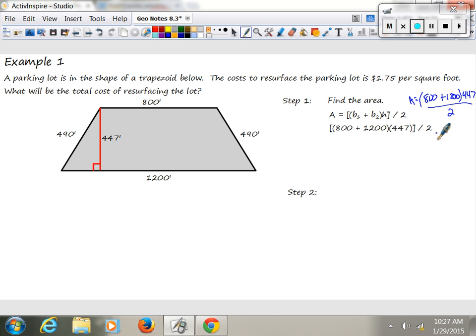But you got to find the area first. So you're going to take your height times your two bases together, divide by 2. So we're going to end up with 800 plus 1200 is 2000. And you end up getting 2000 times 447 divided by 2.